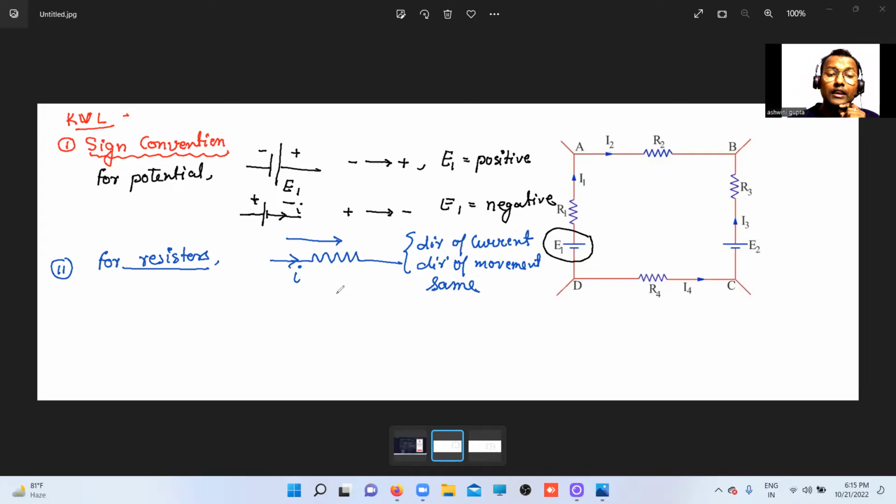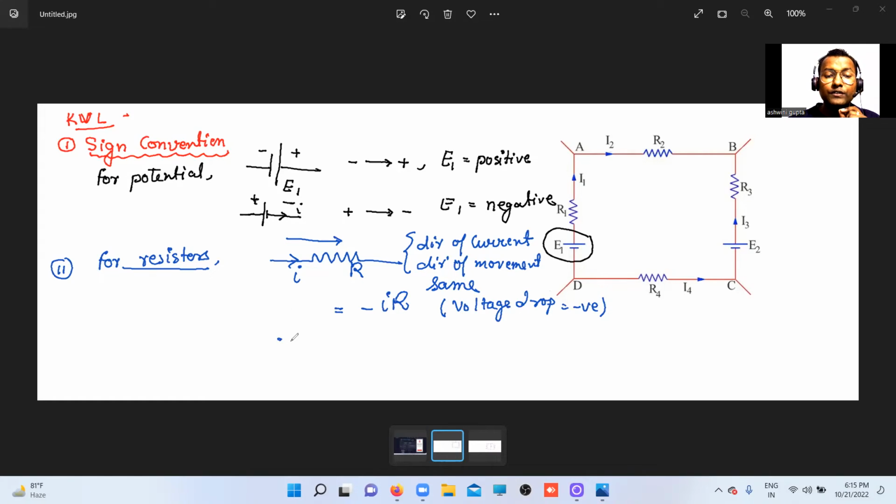In this case, suppose this is resistance R, the drop will be considered as minus I into R. It will be negative. The voltage drop from Ohm's law, that is IR, will be taken as negative, right?